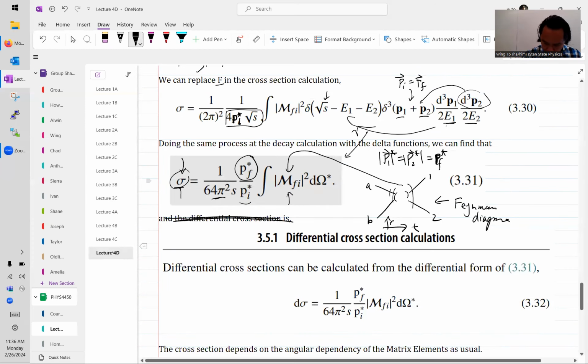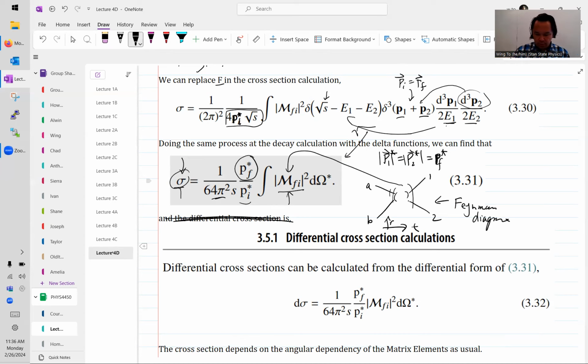So once we have the angular dependence on how these particles couple to each other, then we can actually compute this integral. And then we can actually have just a number as an answer, right? As opposed to just an equation. Okay. So speaking of the angular dependence, there's more to this, right?